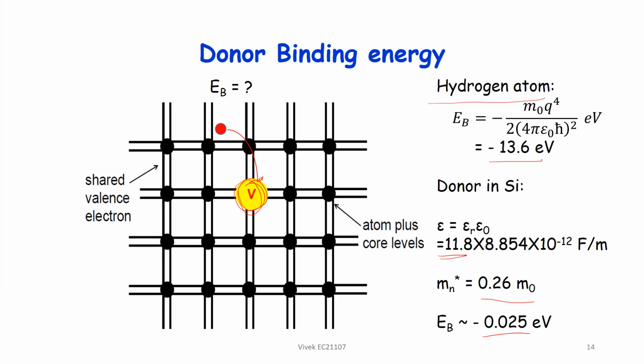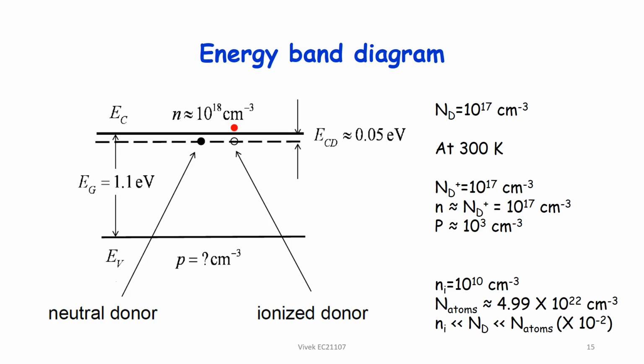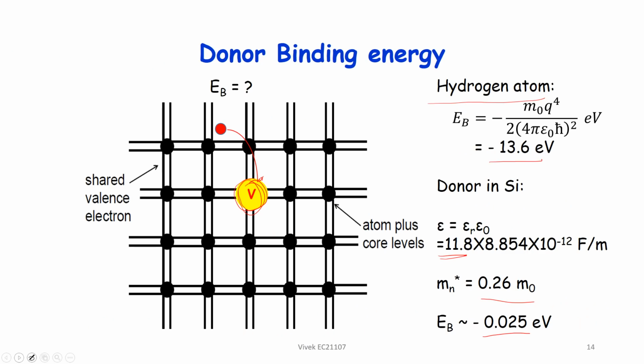That is because there are two types of effective masses: one is the density of state effective mass, DOS, and another is the conductivity effective mass.